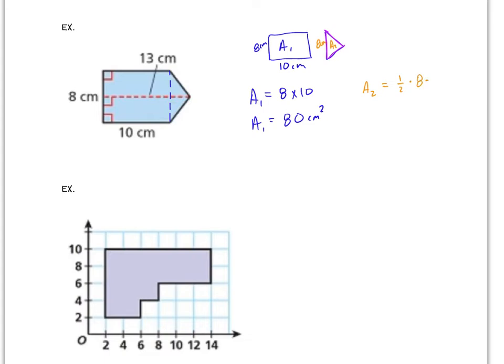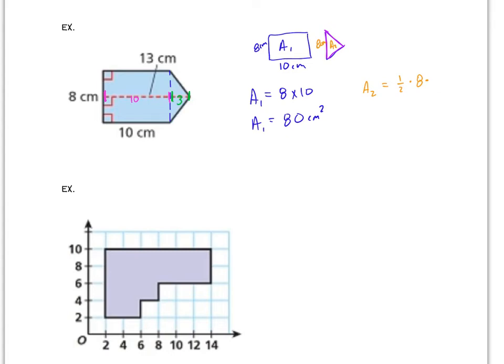what is our height? So to get that, if you notice in our original drawing, from this dotted blue line to the top here, we don't have a number here. But they do tell us the total distance of this. That's 13 centimeters. So if it's 10 from the left side of the rectangle to the right side of the rectangle, and it's 13 the whole way, we would have a total of 3 left.